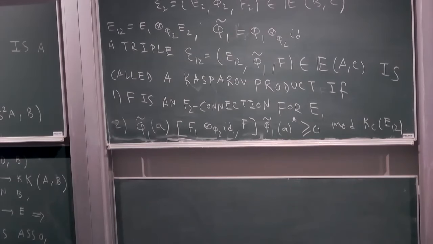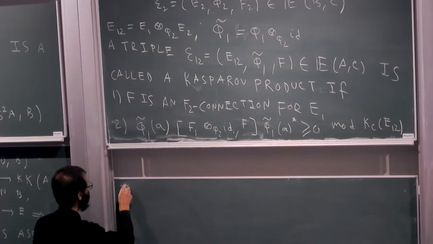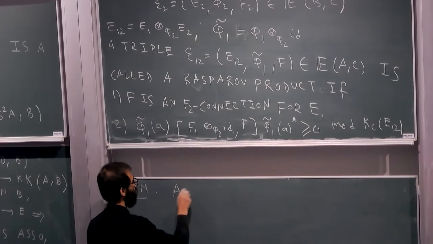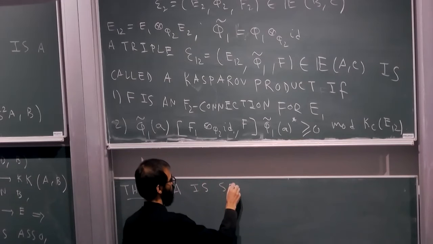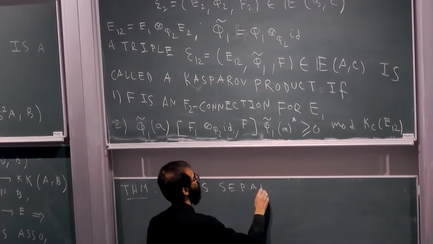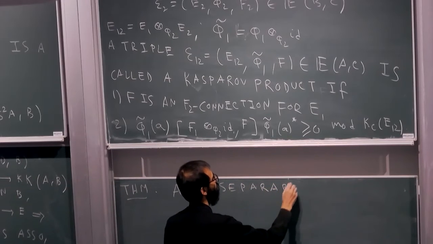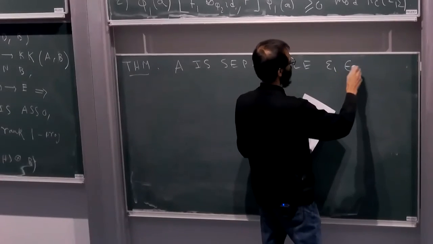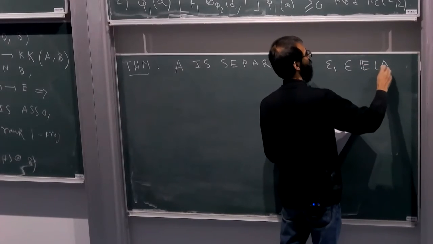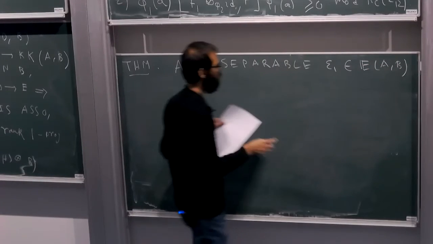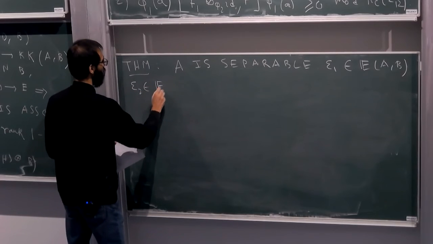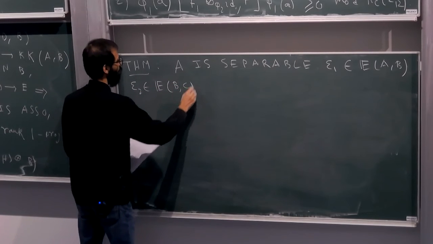Where is the theorem? A is separable. I am not writing out the triple thing, just to save time. So E1 is a triple which is in AB, E2 in BC.